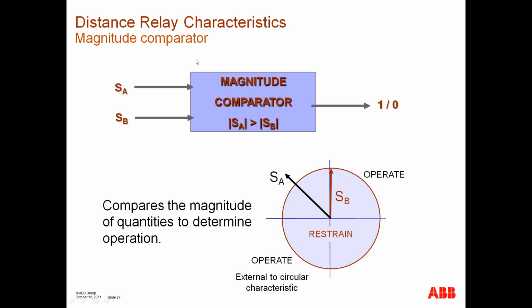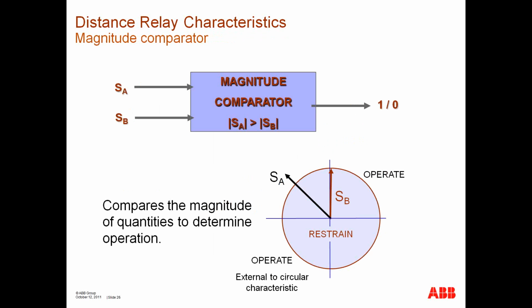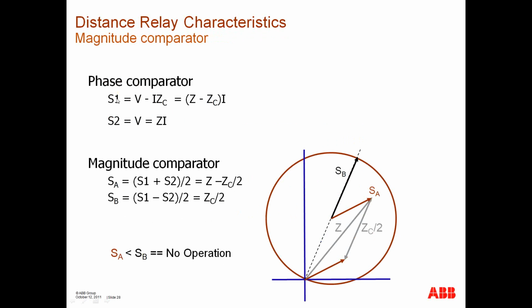Here I referred previously to a magnitude comparator, and that's basically looking at a quantity SA and SB, whether SA is outside the circle or greater in magnitude than SB or not. And this is just an example.